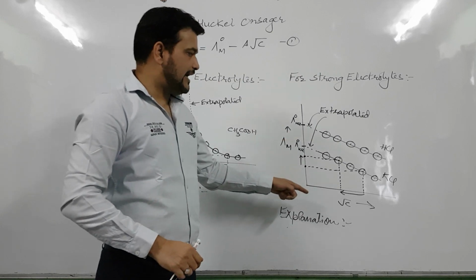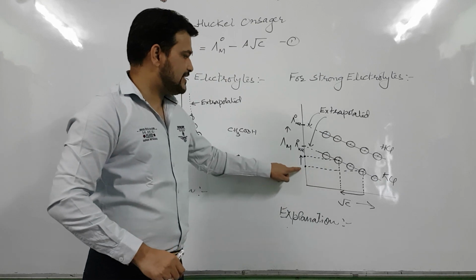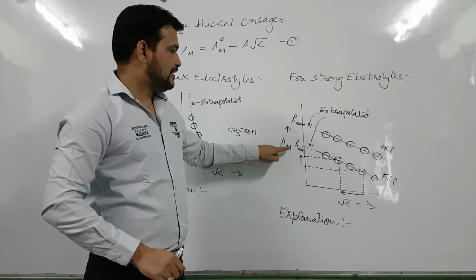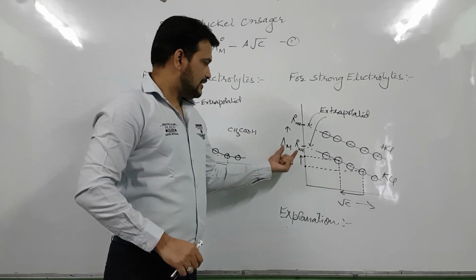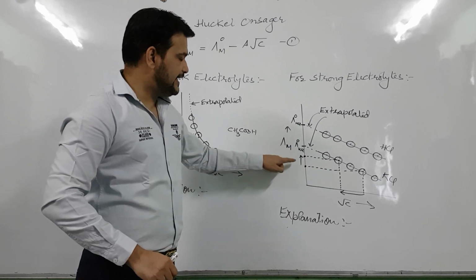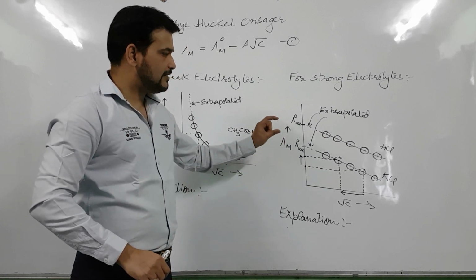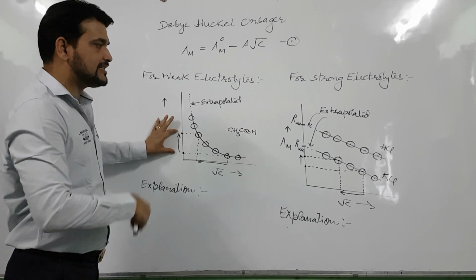So in strong electrolytes also, with a decrease in concentration, there is an increase in molar conductance. But here, for strong electrolytes, the increase in molar conductance is lesser, while in the weak electrolyte case, the increase in molar conductance is higher.